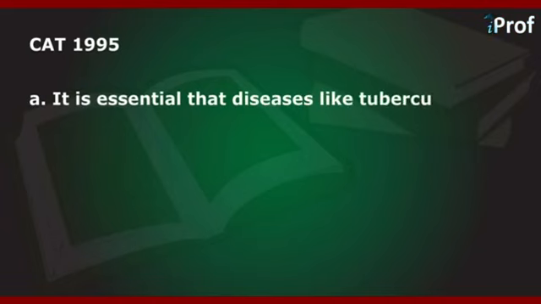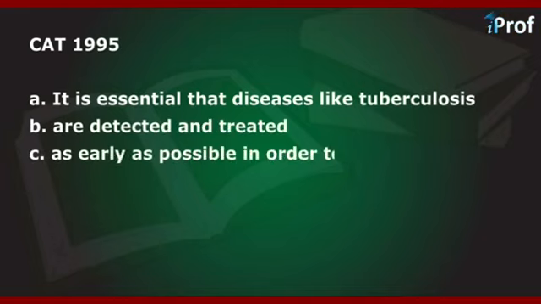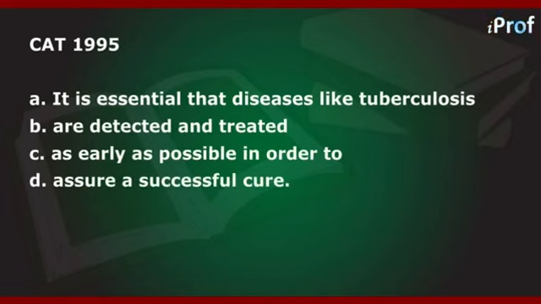You know, if you understand these, then it would be easier to do the sentence correction questions of the present day CAT. Anyway, so we get back to our question. It is essential that diseases like tuberculosis are detected and treated as early as possible in order to assure a successful cure.